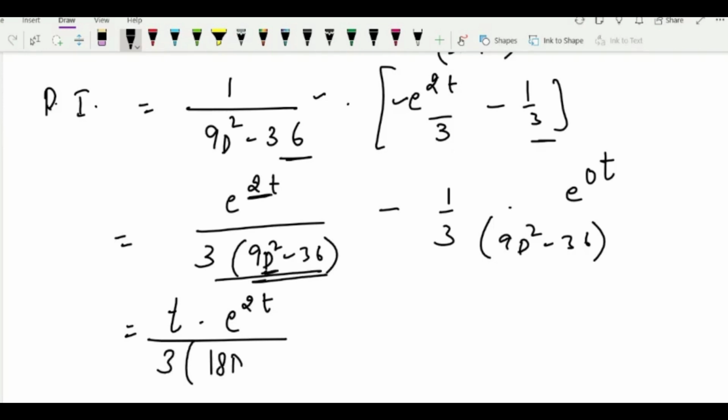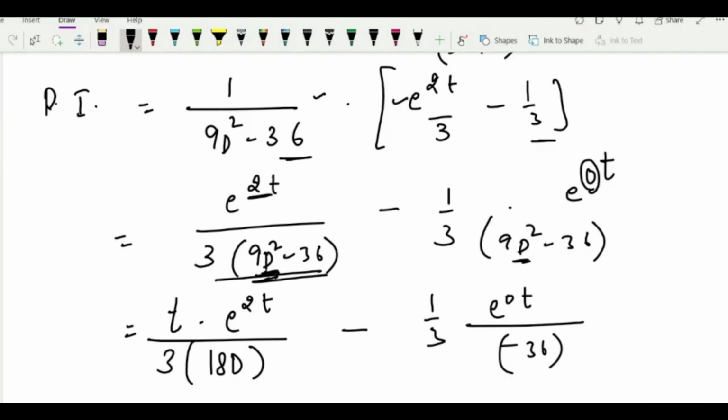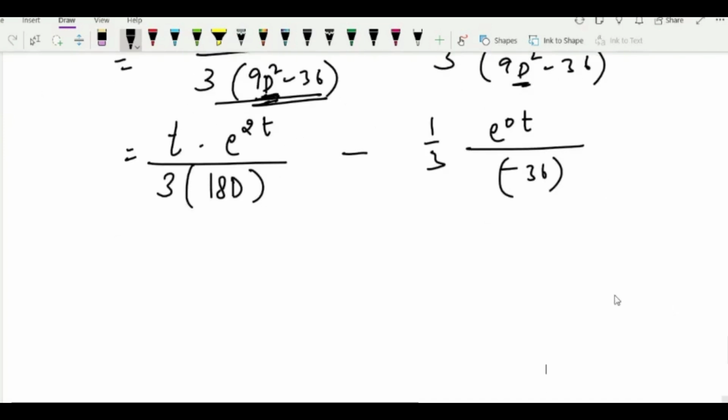So in this case we use the method of multiplying by t and taking the derivative of the below part. 9 twos are 18D. This will become the derivative 18D, and from here we put D is equal to 2. So we get, when we put D is equal to 2, 36. So finally we have 1 upon 54 times t times 1 upon D of e raised to power 2t.